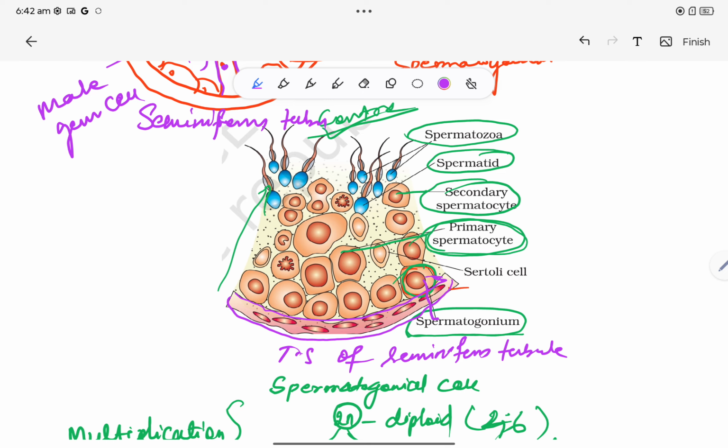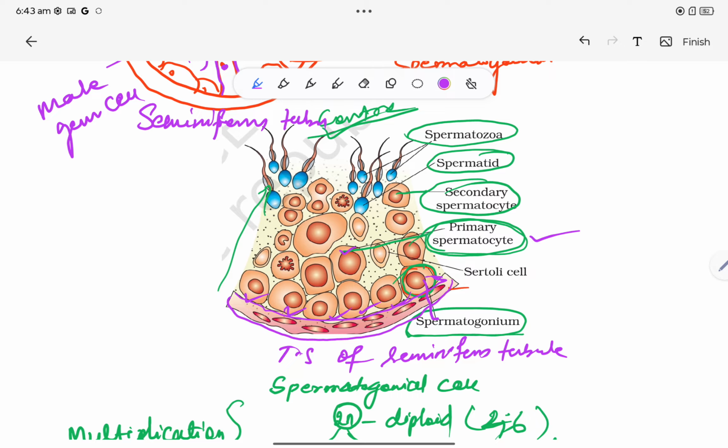Spermatogonium is singular and plural is spermatogonia. So spermatogonia are present at the base. Now this spermatogonial cell develops into primary spermatocyte. So in the next layer you will find the primary spermatocyte.